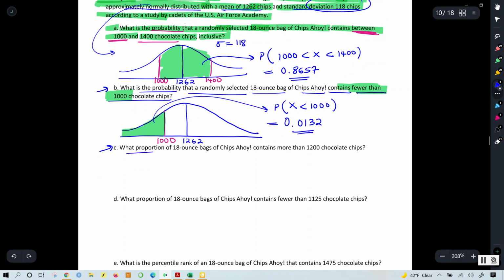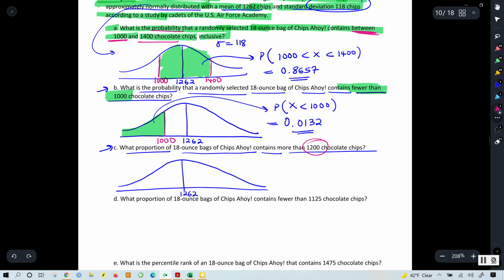In question C, we want the proportion of the bags that contain more than 1,200 chocolate chips. Let's do that again. We have 1262. Now locate 1,200, which should be somewhere here. And I want more than, so that will be the area to the right of 1,200.